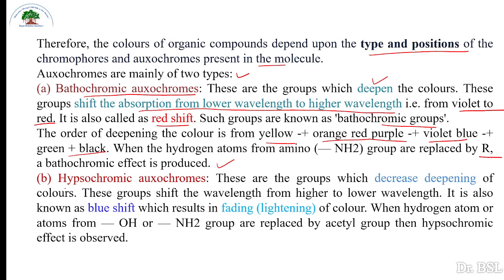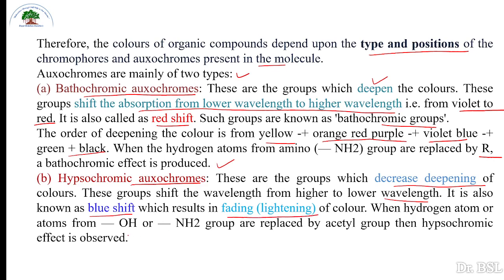And the second type of oxochromes are hypsochromic oxochromes. Hypsochromic oxochromes are groups which decrease the deepening of color. These groups shift the wavelength from higher to lower wavelength. It is also known as blue shift, which results in fading or lightening of the color.